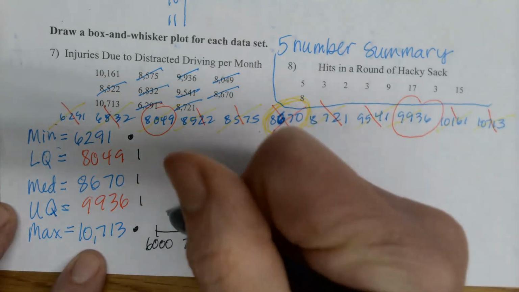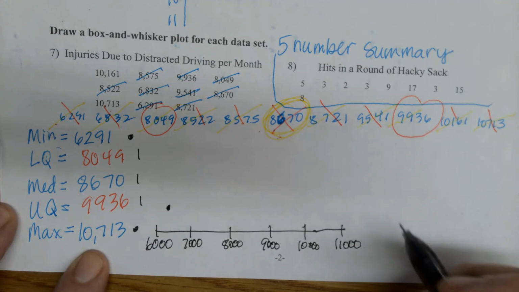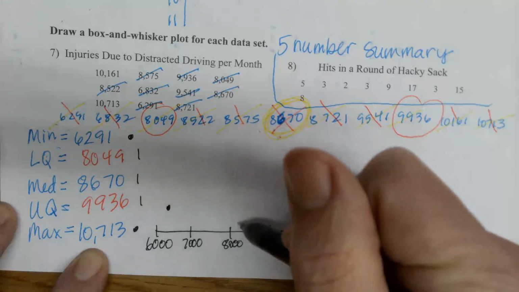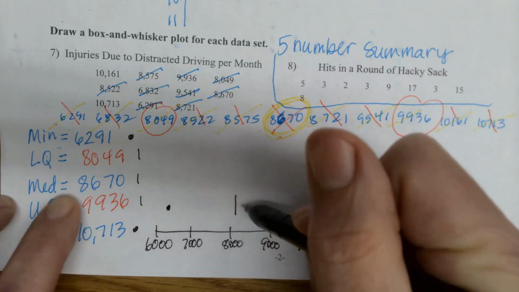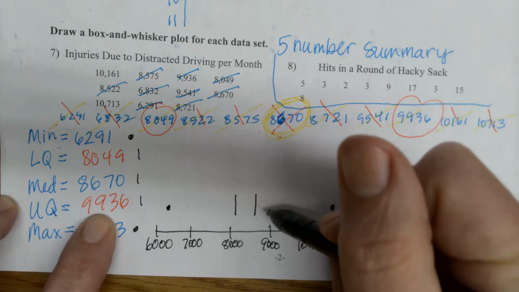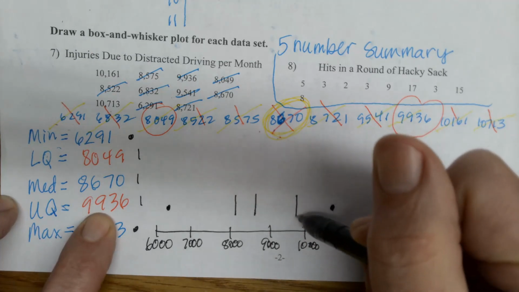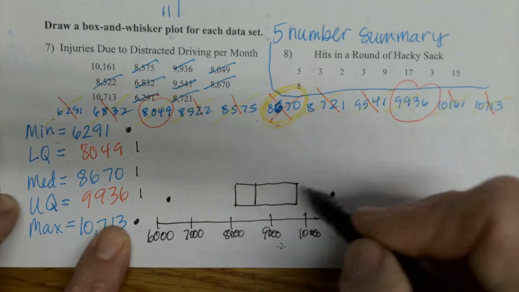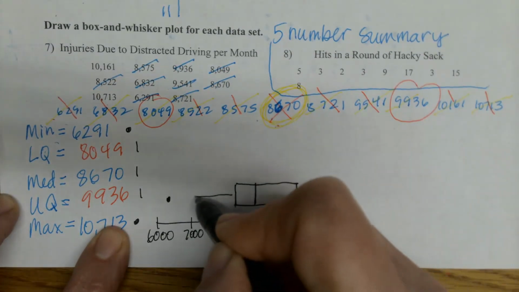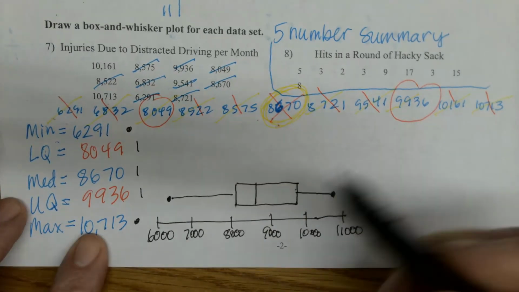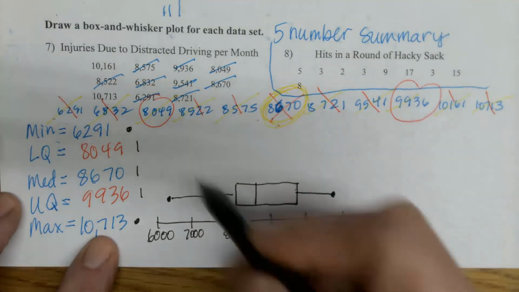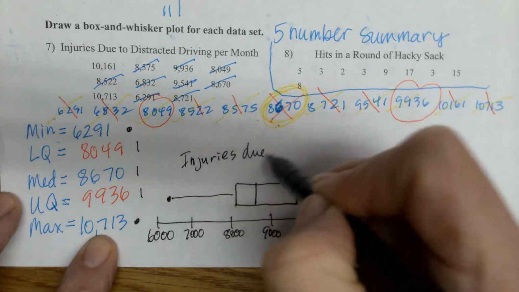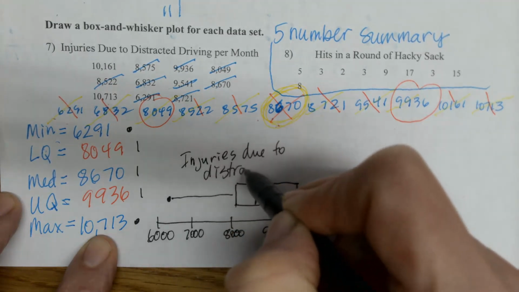So a dot at about 6,291, a dot at about 10,713, and then a line at 8,049, a line at 8,670, and a line at 9,900. I'm just approximating about where they are. I connect those lines to make my box, and I connect the box to the ends to make the whiskers. I don't want to forget when I'm done, I need to put my title on. So this is injuries due to distracted driving.